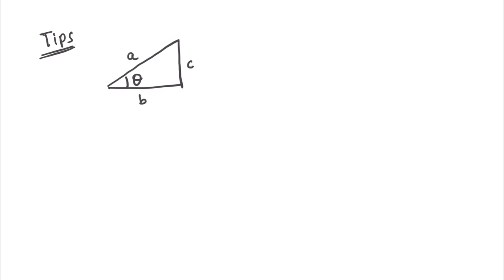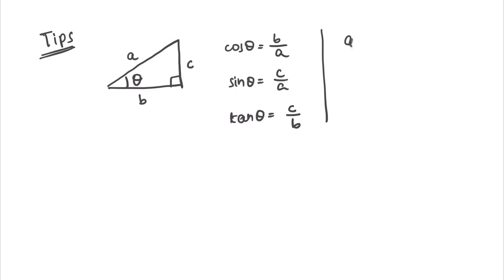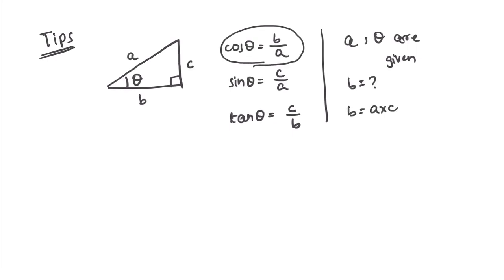If the sides of a triangle are given, this is 90 degrees and theta is given: cos theta will be B by A, sine theta will be C by A, and tan theta will be C by B. In the previous problem, A and theta are given and you have to calculate B. So we use B equals A times cos theta. That's what we used in the previous question.